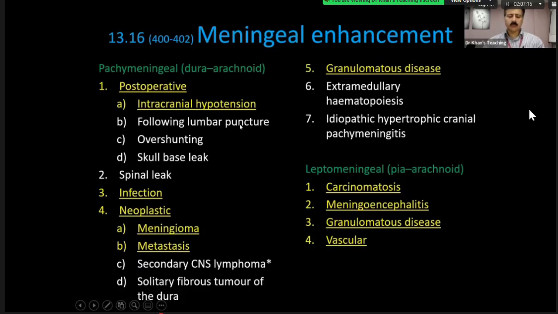Now, first of all, a few things which are extremely important and which overlap between the two, let's get them out of the way. If you see here, neoplasia, metastasis. Metastasis is very important. We call it leptomeningeal carcinomatosis or pachymeningeal carcinomatosis, where it can occur with pachymeninges and with leptomeninges.